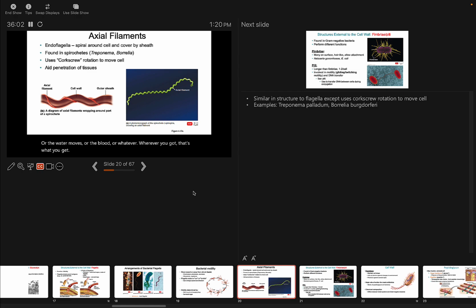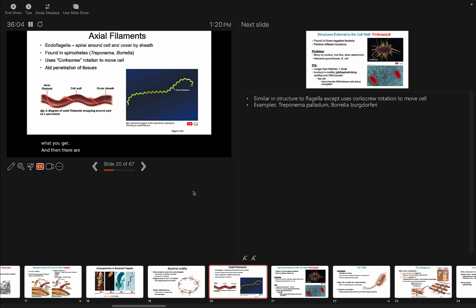And then there are the spirochetes, which are always very weird. They also have flagella, which is not weird, because we just talked about bacteria that have flagella. They put theirs on the inside. And so you might go, okay, you put your flagella on the inside, how do you move?